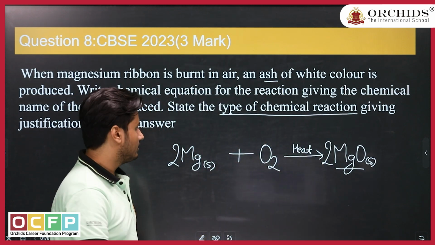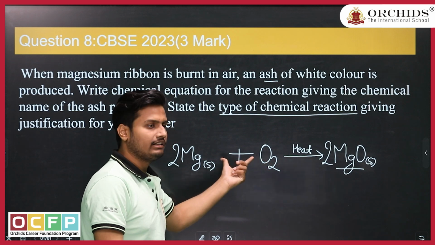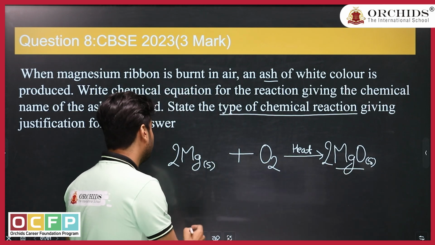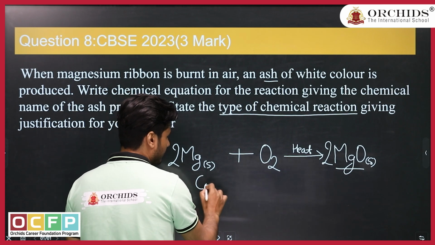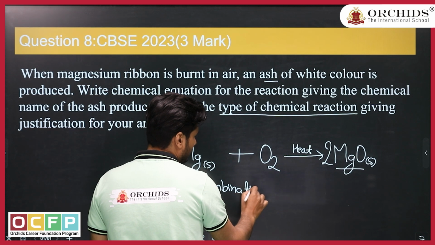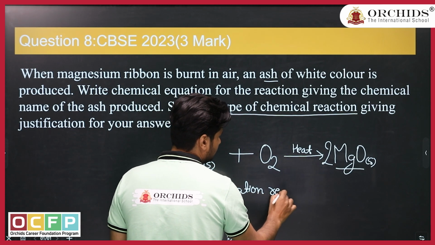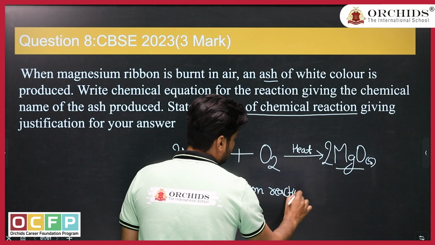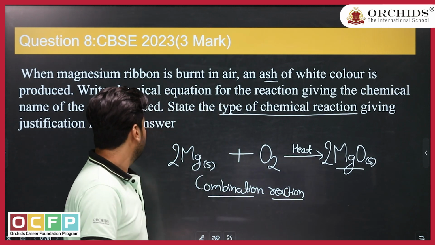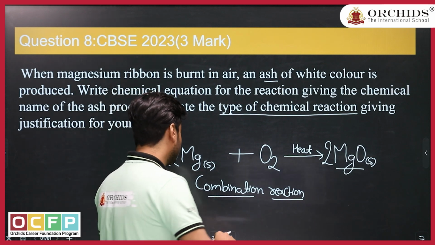See, there are two reactants combining to give one single product. So what kind of reaction is this? This is a combination reaction. Alright. Let's move on to our next question.